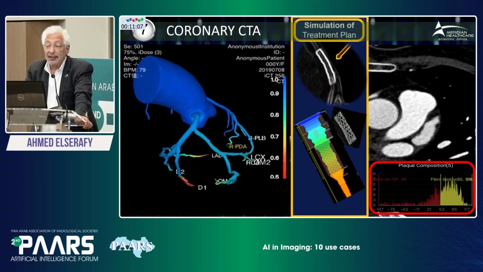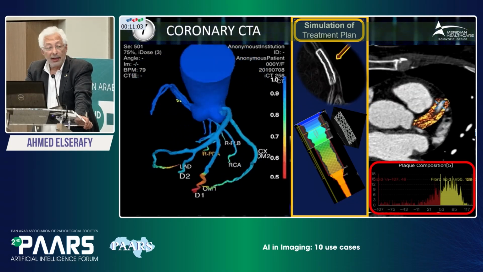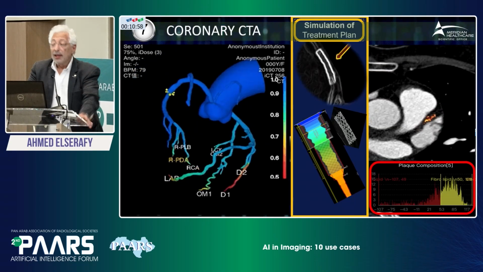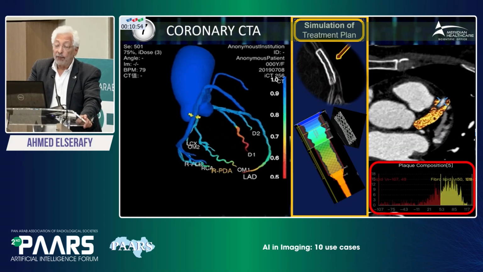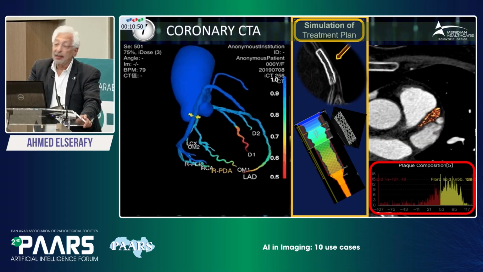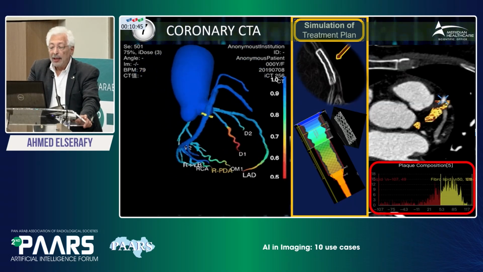Because some plaques are better left alone, the stable ones. Others you need to intervene on, and you need to know, is it fatty, is it fibrofatty, is it calcific? You really need to know where the vulnerable plaques are and how vulnerable they are for you to intervene. I think it's even more important than stenosis measurement, and AI does that for you automatically.